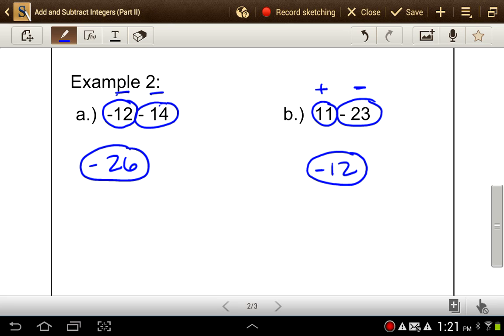So that's how you do those. And this is an easy way of doing them, guys, is just what I'm doing right here. Okay? Think of every problem as addition. All right? These are all problems as addition. Okay? We're going to move to our next example. If you need to pause, go ahead.